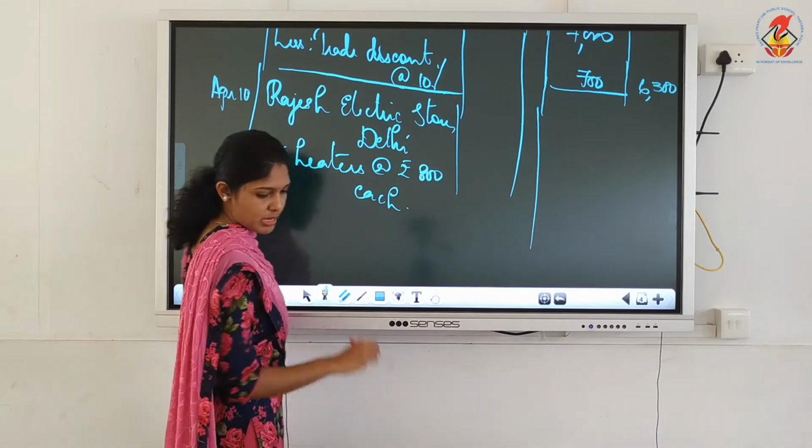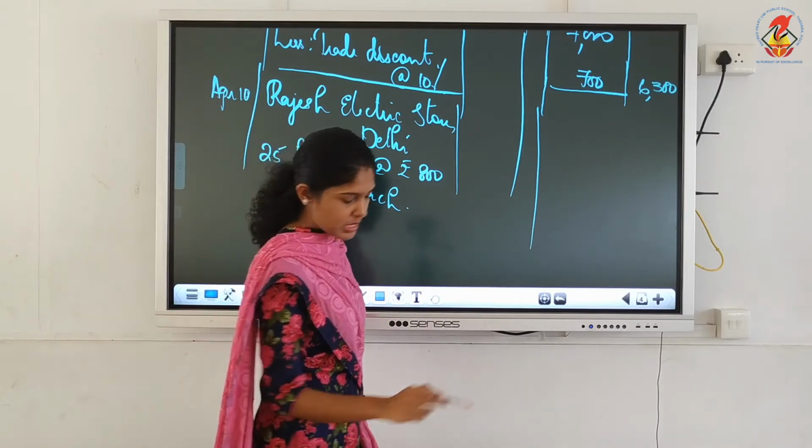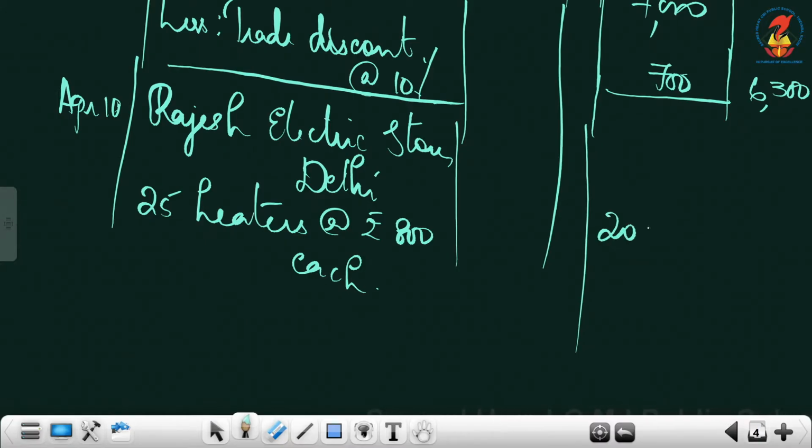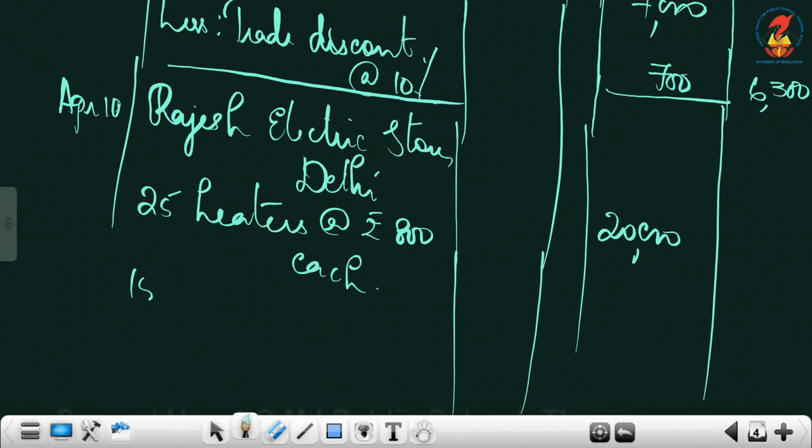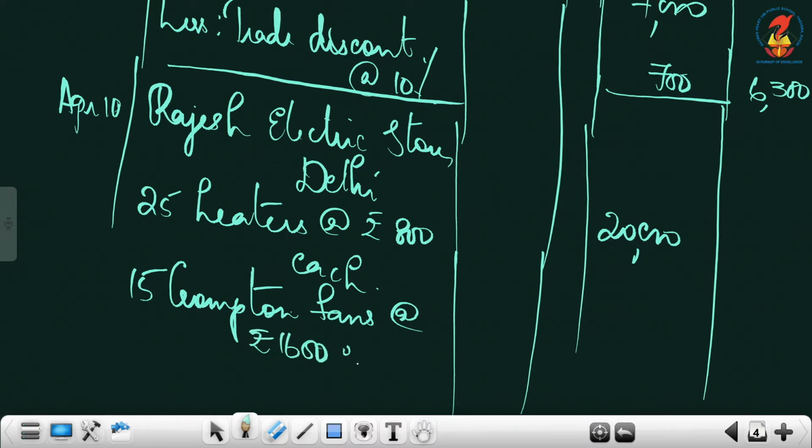Now you just do 25 into 800, which is 20,000, right, in the details column. Then the next item you purchase 15 Crompton fans at the rate of rupees 1,600 each.